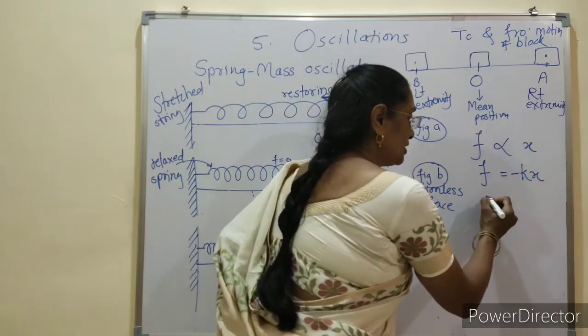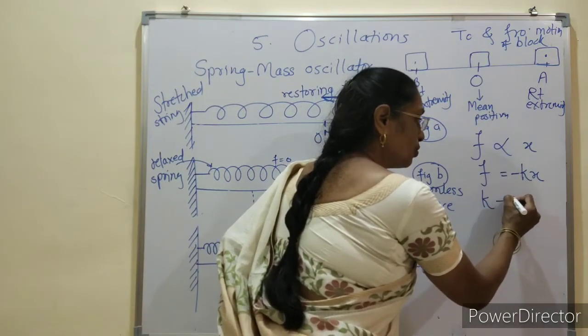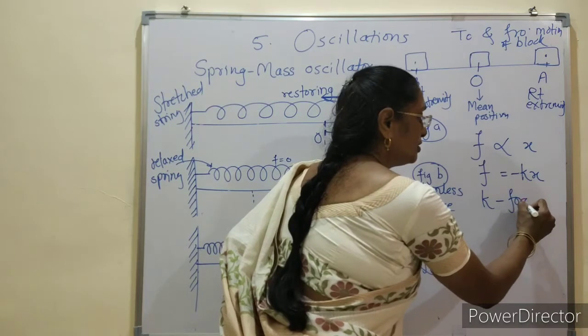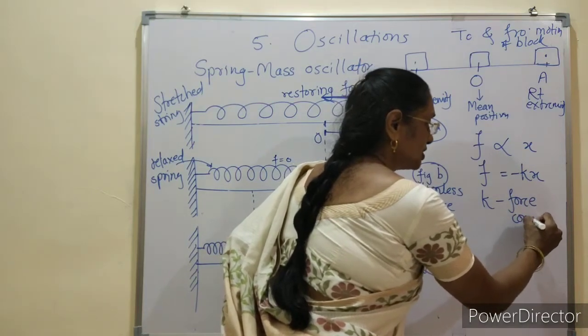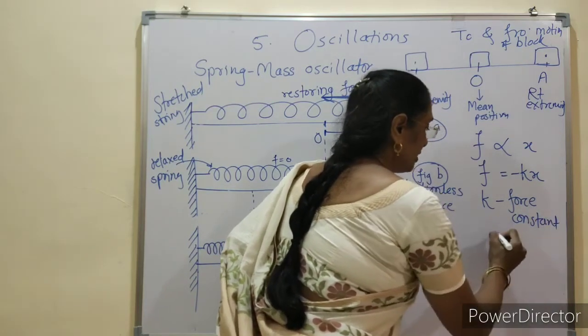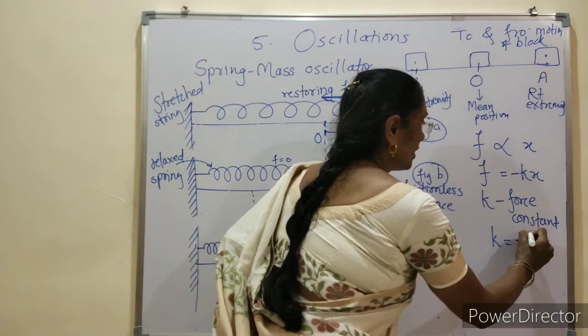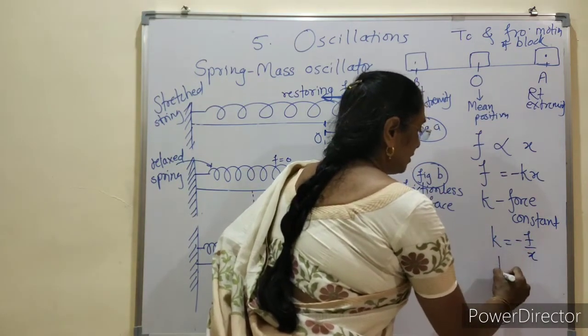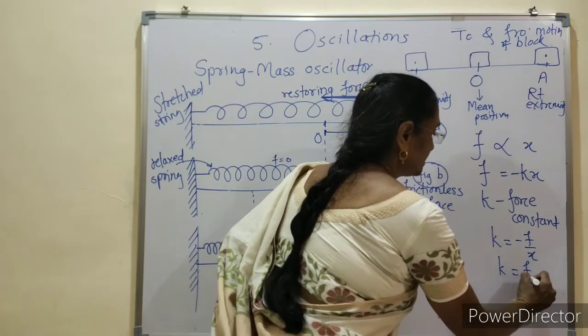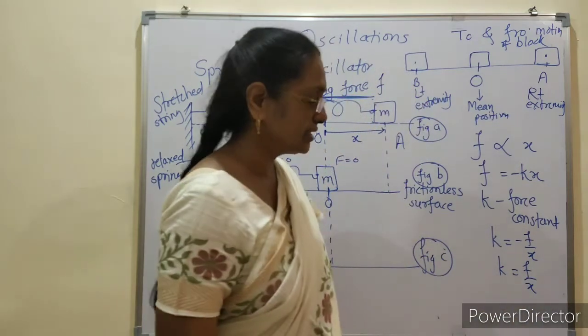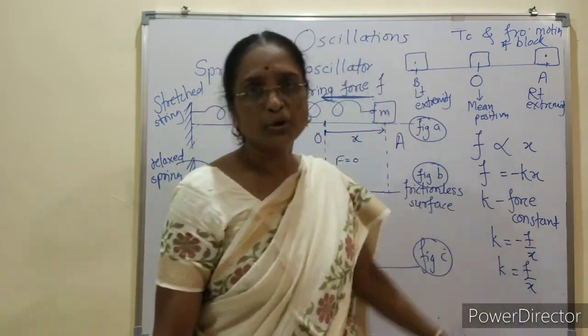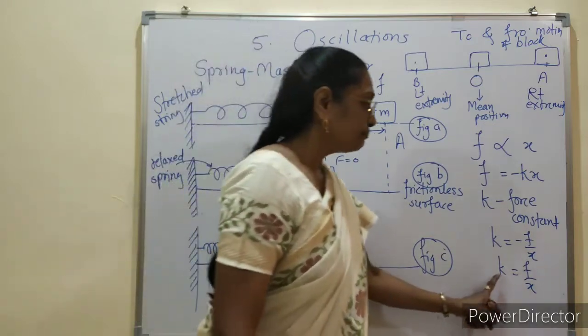Avoiding the proportionality sign, K is the constant of proportionality, called the force constant. It can be given as K is equal to minus F upon X. By magnitude it is F upon X. It can be defined as force per unit displacement.